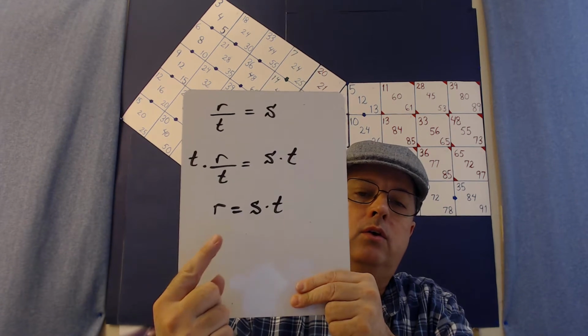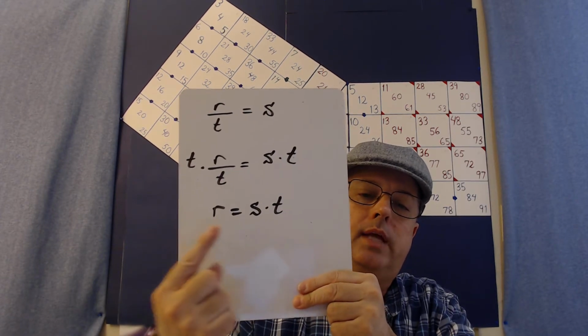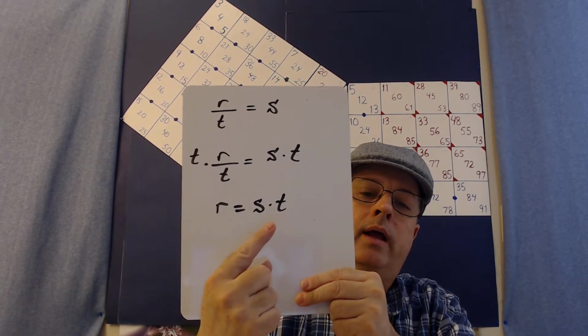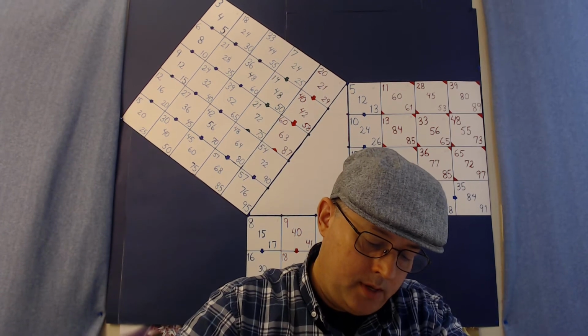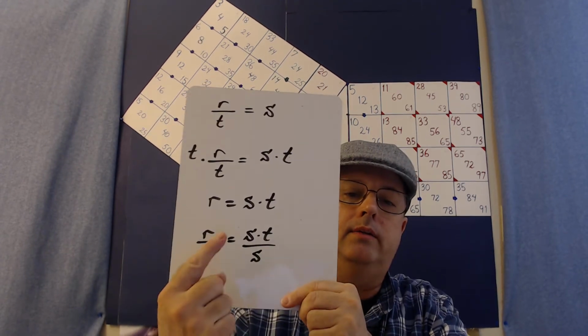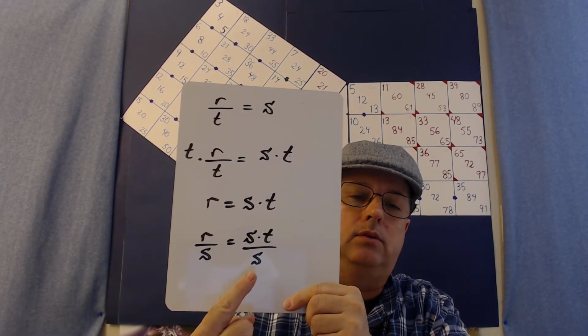And now then, what we can do is take this statement here and divide by s. So we're going to take r and divide by s, and take this s times t and divide by s. And so now these s's will cancel out, and we'll have r over s equals t.